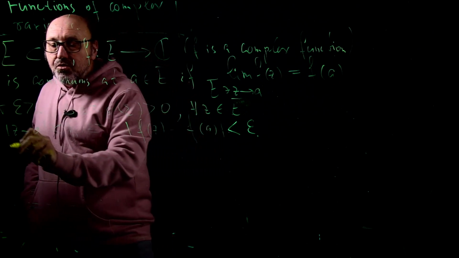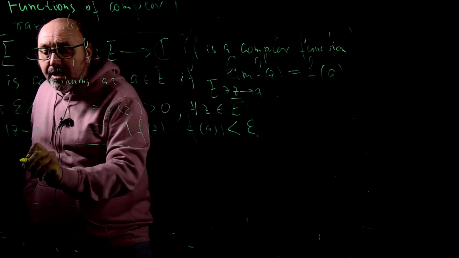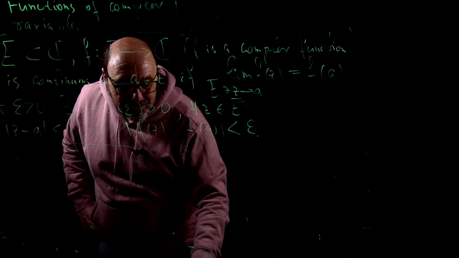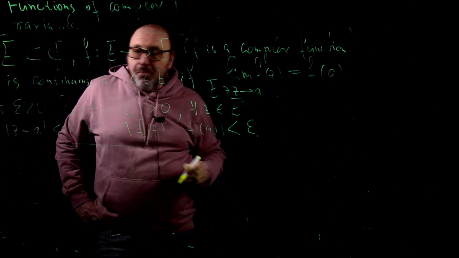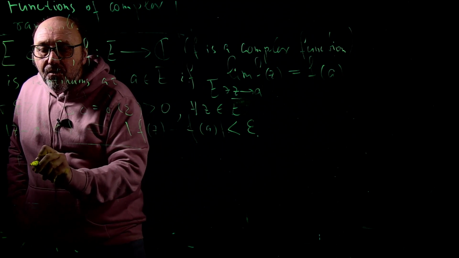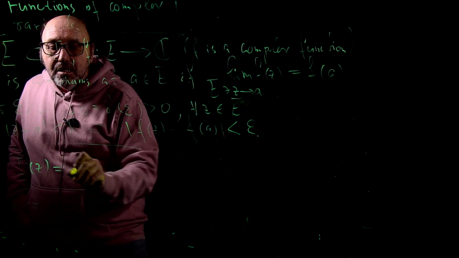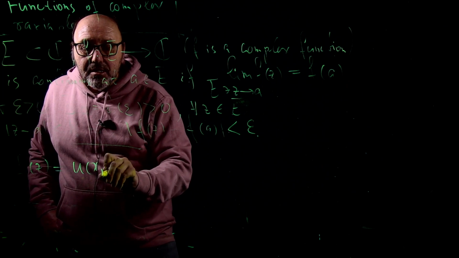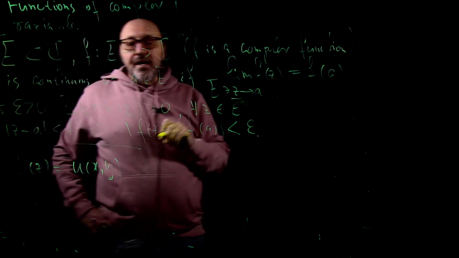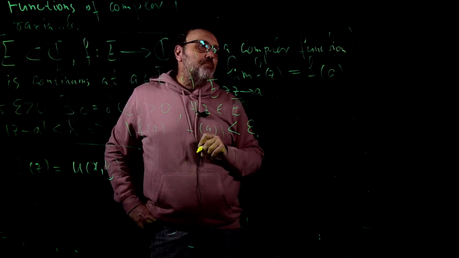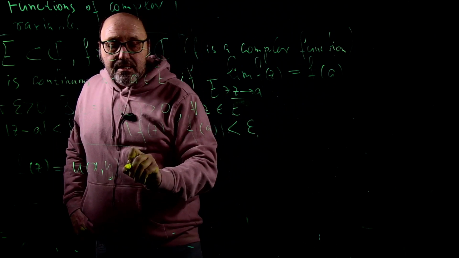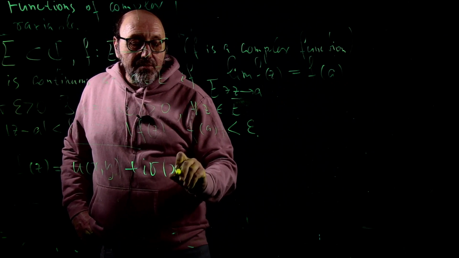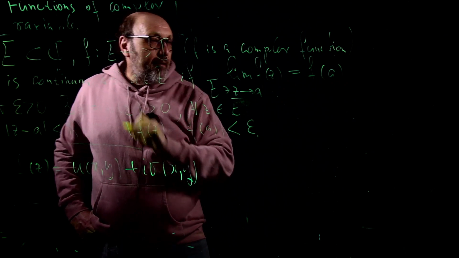Of course, you can write the function f using its real and imaginary parts. So f of z is a complex number, so you can write its real part, u of x, y, where x, y are the real and imaginary parts of z, plus i v of x, y.